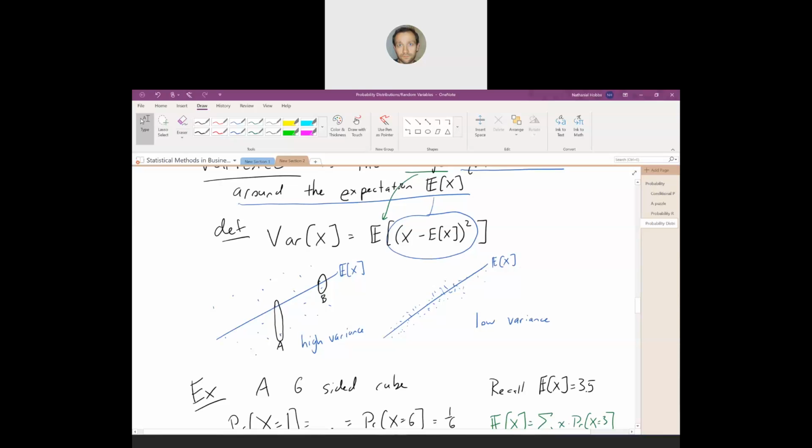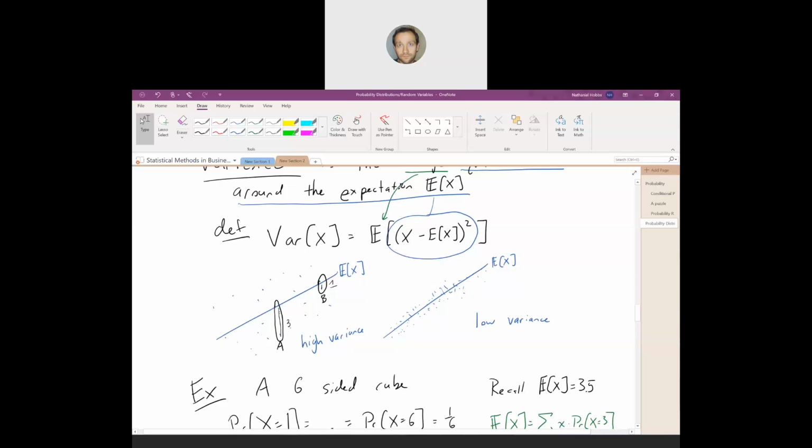Let's say point A lies 3 away. Distance 3, that's distance 1. A lies 3 times away from the expected value, and squaring it makes that a 9. So A gets sort of punished even more.